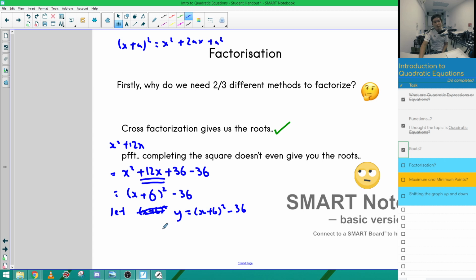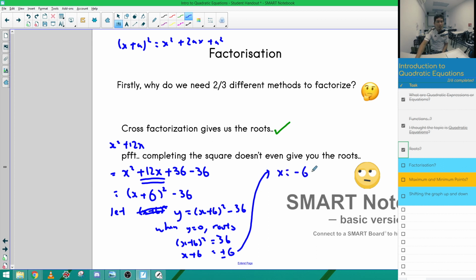When y equals 0, we can solve for the roots. So then I can say that (x plus 6) squared will be equal to 36. If I square root both sides, remember square root is an operator, there are two possible answers, so you get plus minus 6. I'm going to continue over here. That means that x is equal to negative 6 plus minus 6.